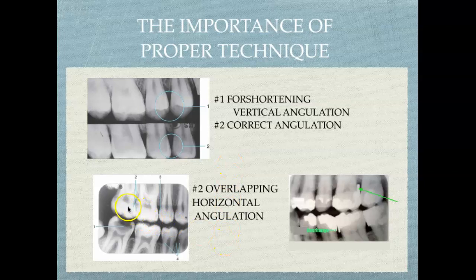Now, overlapping can actually hide the proximal surfaces, so we want to make sure that our horizontal angulation is correct. And then let me go back to the foreshortening error. We want to make sure that our vertical angulation is correct. This also, overlapping, could hide the fact that an existing restoration maybe has an overhang where it wasn't quite properly finished to the tooth structure. So technique is very important.